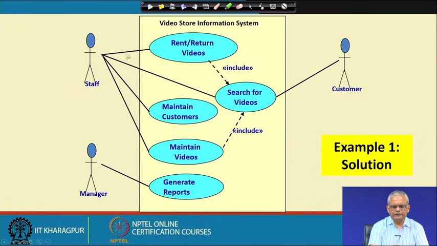The staff interact with the rent and return videos use case. They maintain customer and maintain video records, and the manager can only generate reports, the customer can search for videos. And see here that the maintain video, rent and return video, they also use the search for videos.